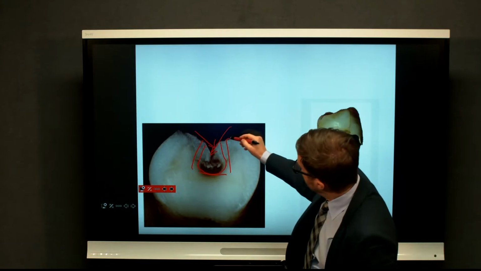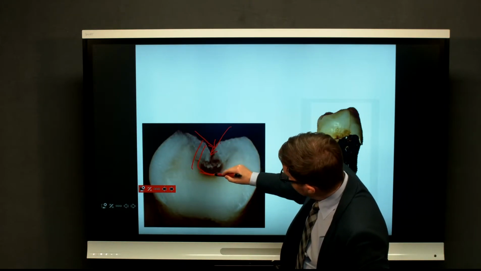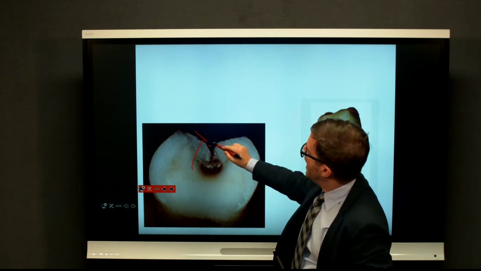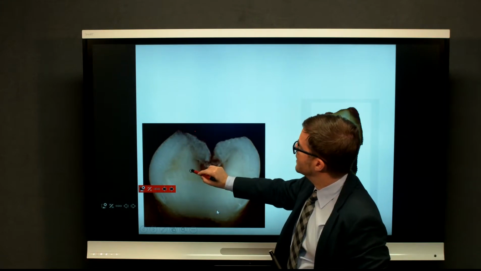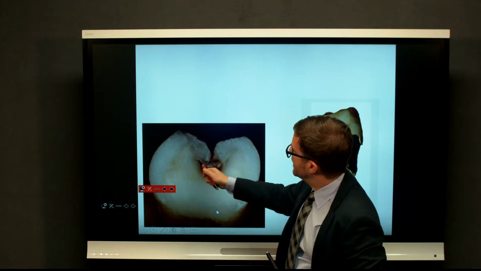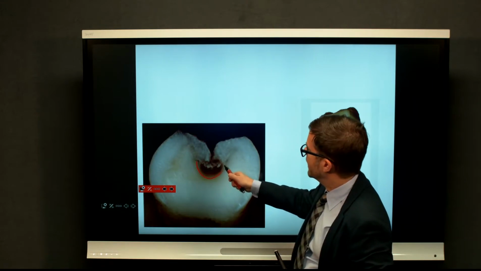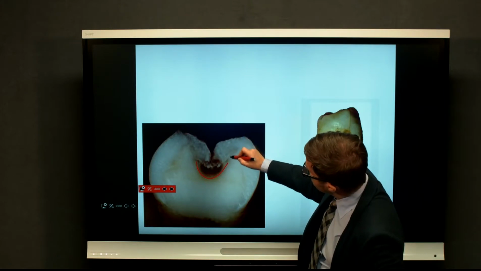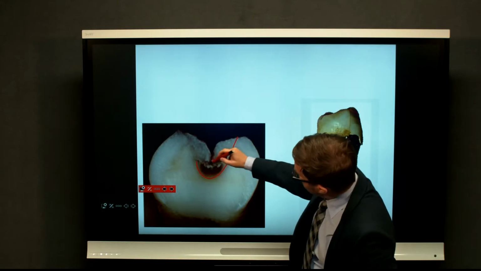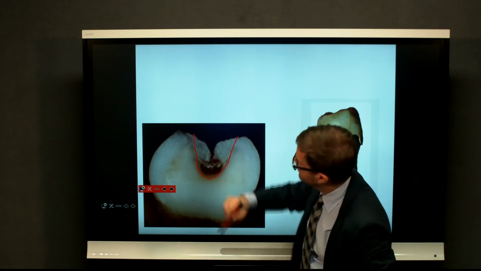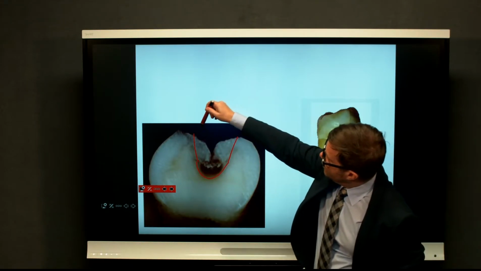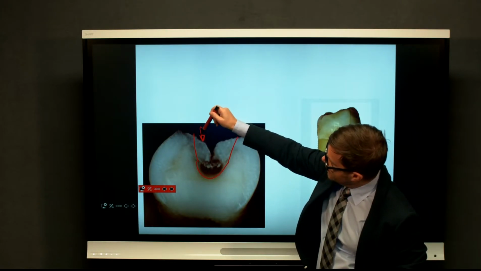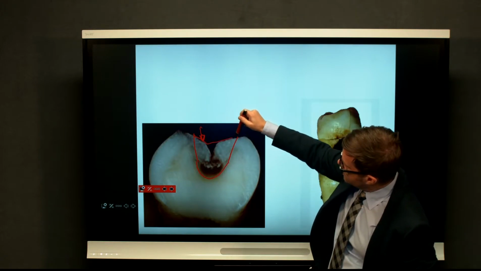Okay, so in order to just illustrate this to you, if we were faced with this lesion clinically and we created a cavity design that eliminated the necrotic caries or dentine, but that we ended up with walls like this, and we placed significant force here, which we can generate when we bite our teeth together, on the restoration, so let's just say this is the restoration.